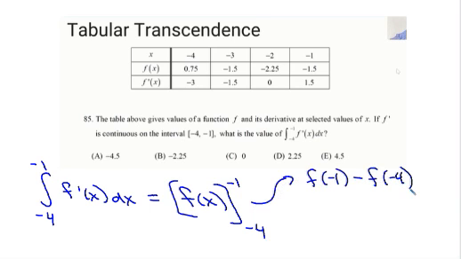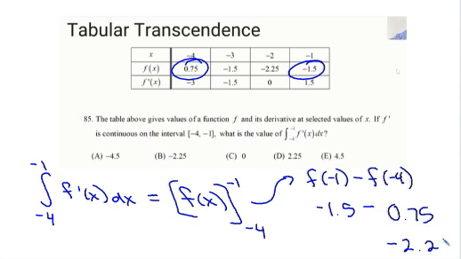So you do need to be familiar with that notation. And, how convenient, we have those values in the table. F of negative 1, all right, is right here, negative 1.5. And we subtract f of negative 4, which is 0.75. And our answer is negative 2.25.